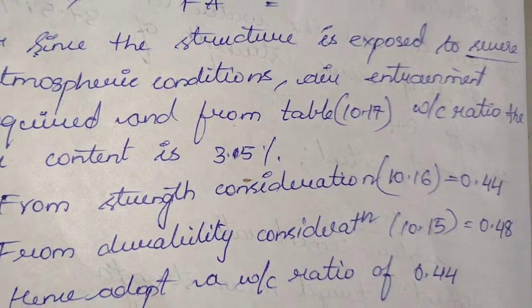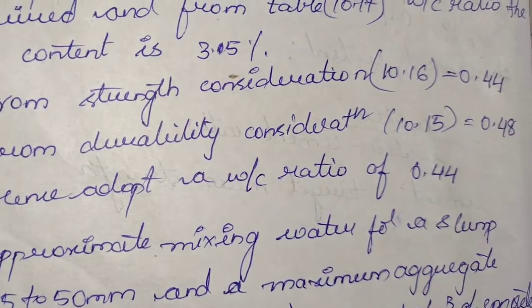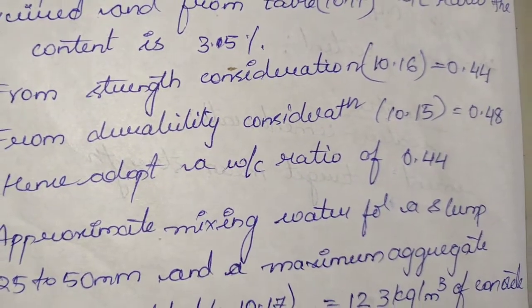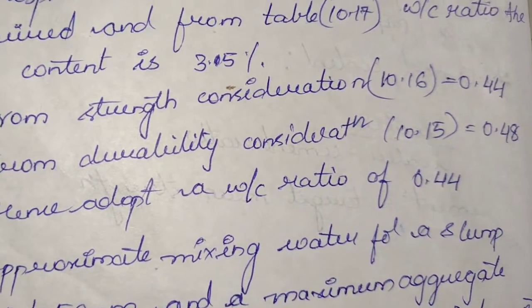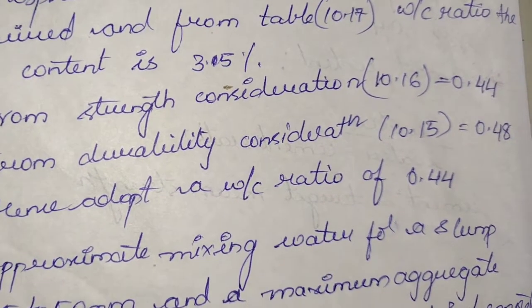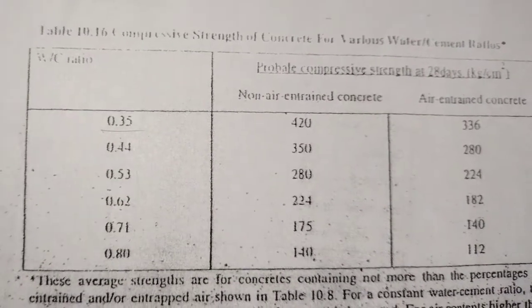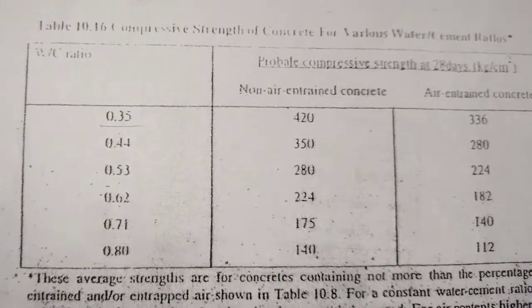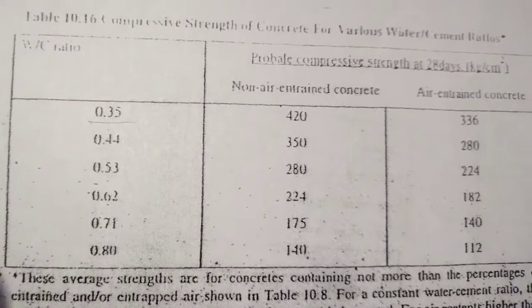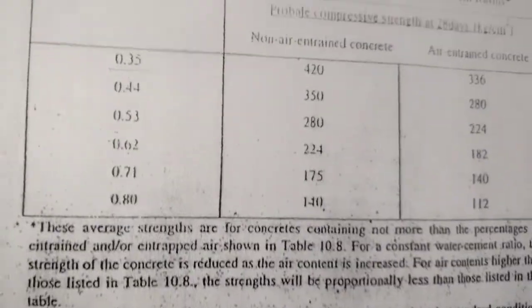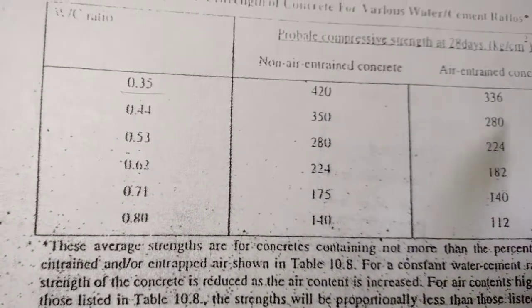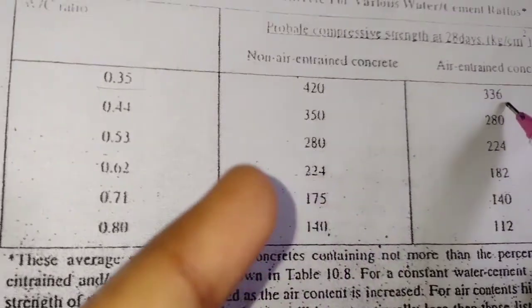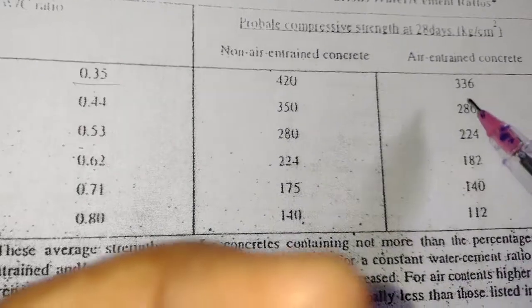Next step, we have to determine the water cement ratio from strength considerations and durability considerations. For strength considerations we will be using table 10.16. Depending upon the probable compressive strength at 28 days, we get the water cement ratio. For air entrained concrete we look at these values and take the nearer value.